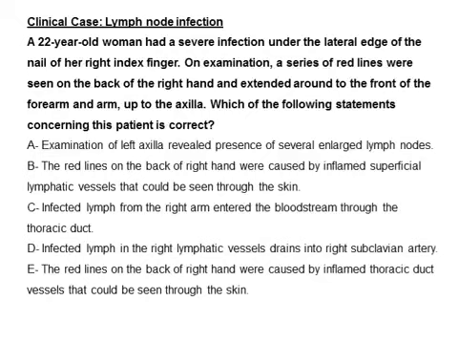So what we have been seeing on the back of the right hand can't be due to inflammation of the thoracic duct. So that's why this is wrong. Correct answer is B. The red lines on the back of the right hand were caused by inflamed superficial lymphatic vessels that could be seen through the skin.